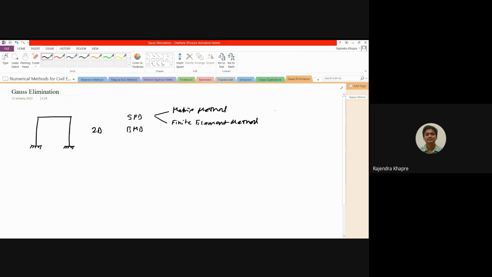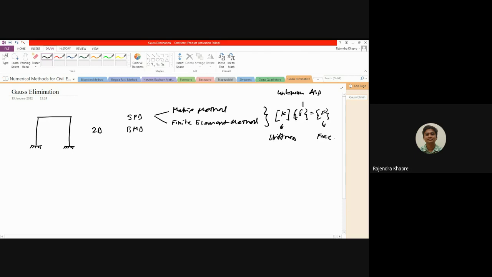In both methods, you will generate a stiffness matrix, and ultimately you get an equation like this: K into delta equals the force, where K is the stiffness matrix, delta is the unknown displacement, and this is the force.